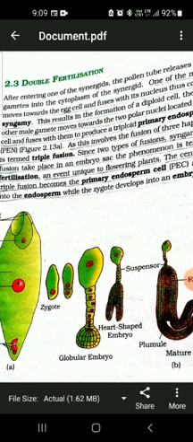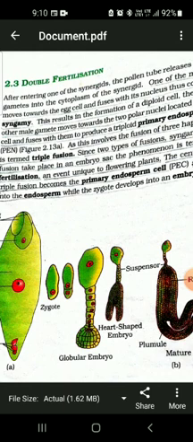The other male gamete moves towards the polar nuclei located in the center of the embryo sac and fuses with them to produce the triploid primary endosperm nucleus. This event is called triple fusion, as the secondary nucleus contains the two female nuclei and one male nucleus from the male gamete.